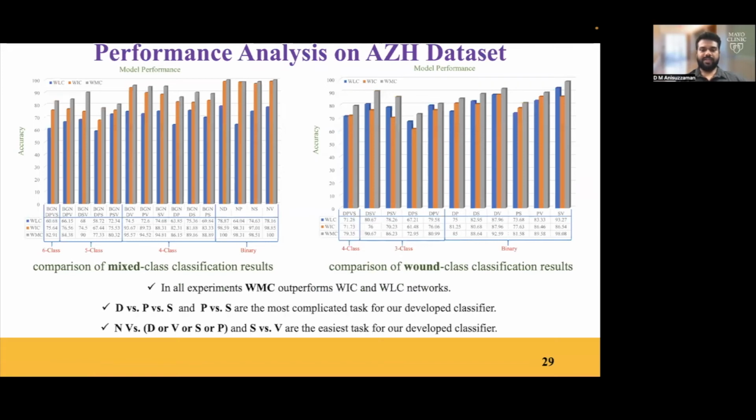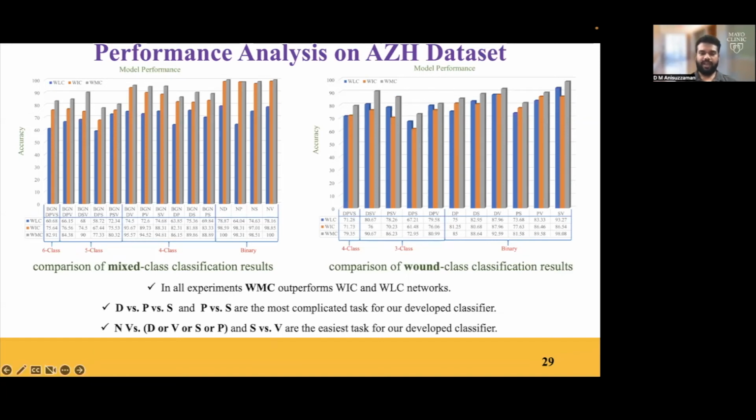From the performance analysis, the most important finding is that in all the experiments, the wound multimodal classifier outperforms the single modality classifiers, that is the wound image classifier or wound location classifier. We found that diabetic versus pressure versus surgical, specifically pressure versus surgical, is the most challenging one to be classified by our model, and surgical versus venous is the easiest task for our model.